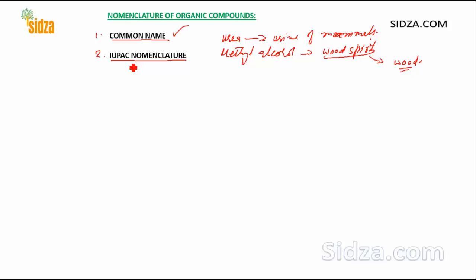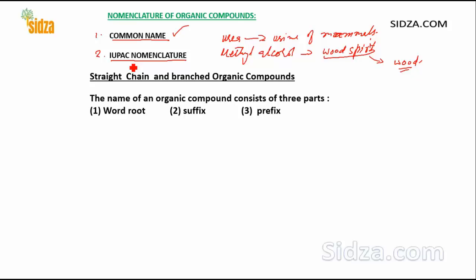In this system of nomenclature, we have a well-defined set of rules, and we follow those rules to name a particular compound. Any organic compound consists of three main parts. One is called the word root, the second one is the suffix, and the third part is the prefix.